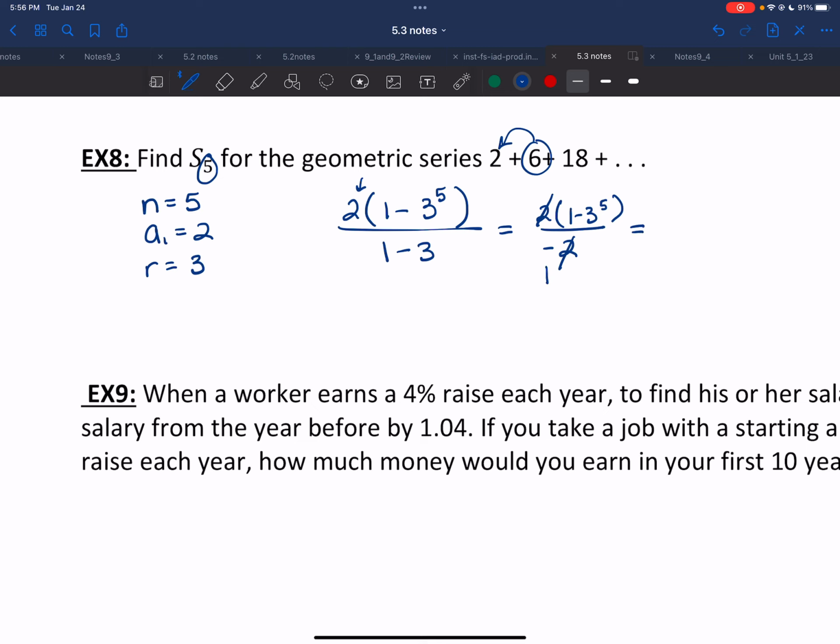And that 1 minus 3 to the 5th is going to give me the value of negative 242, because 3 to the 5th is going to give me 243. And then I take 1 and subtract that. I end up with negative 242 over negative 1. So that gives me just 242.